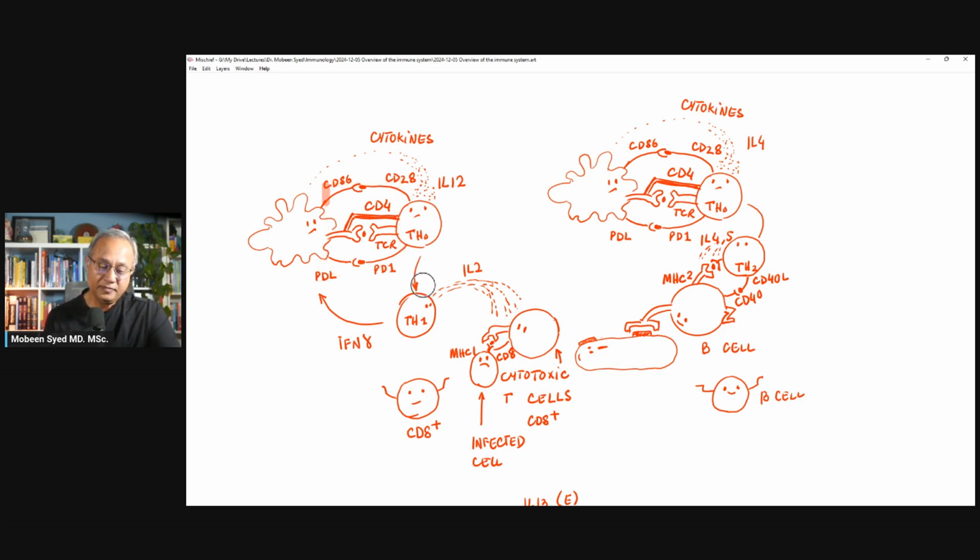But this is still not enough. Now this T helper cell is ready to be activated, but it still needs more stimulation. And that stimulation is going to be in terms of some cytokines. You have to give it a shower. You have to bathe it in certain cytokines or chemicals, which are the last signal for it to become active.